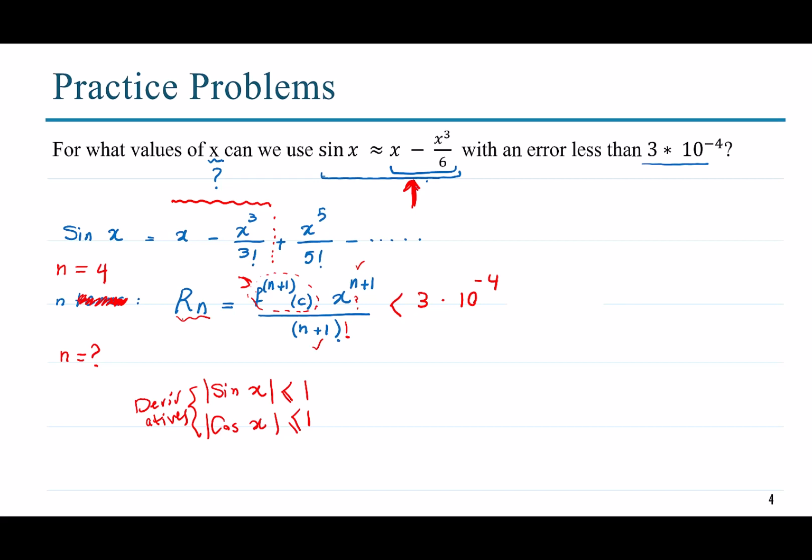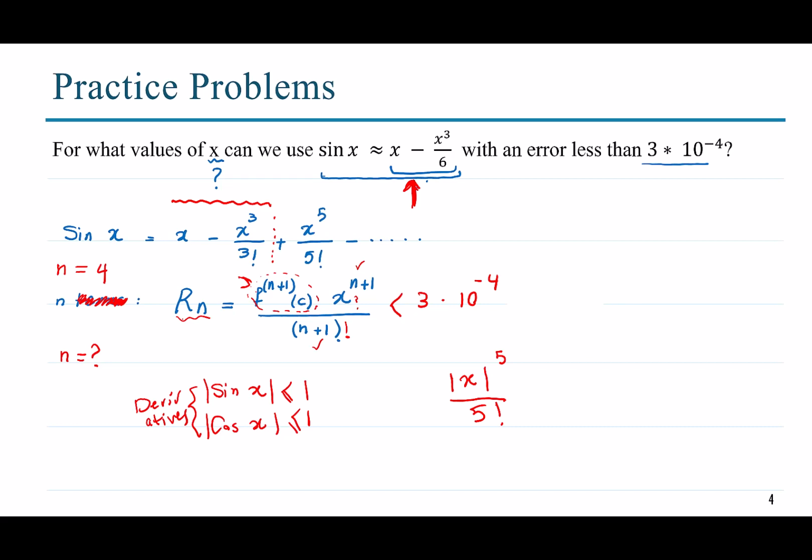That means if I look at the absolute value of the error, I now have the absolute value of x to the power of n plus 1, for this case is 5, divided by n plus 1 factorial, which is 5 factorial.